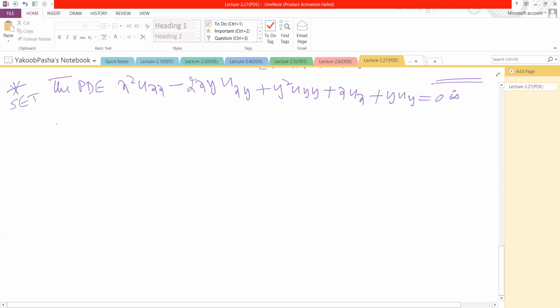First option A, hyperbolic if x greater than 0, y greater than 0.